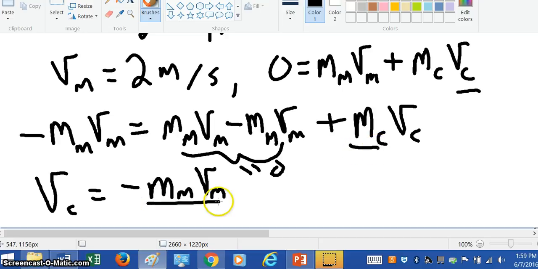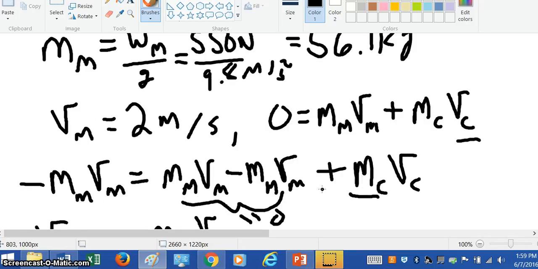So there we go, divided by the mass of the child. And we have all that information. Now we can put all that in. Notice we get a negative velocity of the child, which should make sense, right? Because the child's moving in the opposite direction.